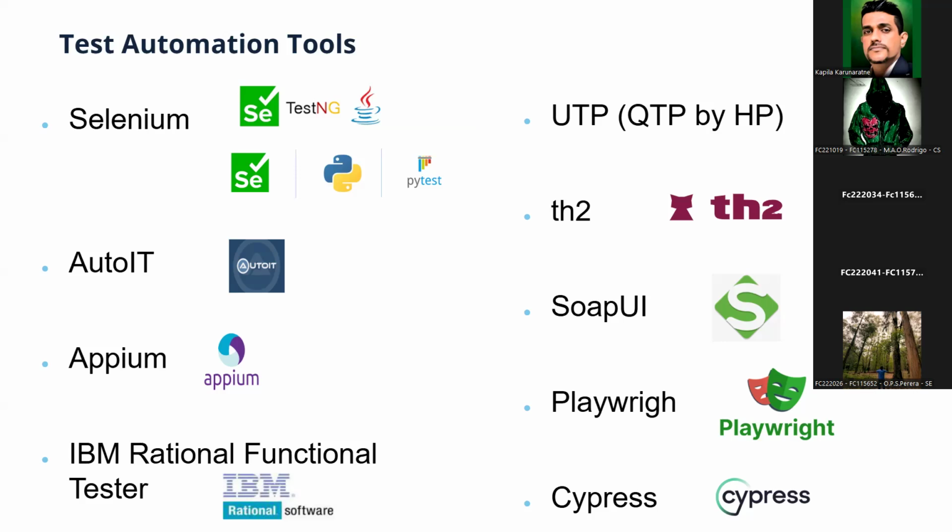And now we have one of the most popular tools that everybody is talking about, Playwright. That's because of AI. Playwright has strong integration via MCP, the Model Context Protocol, through which AI agents can be integrated, right?